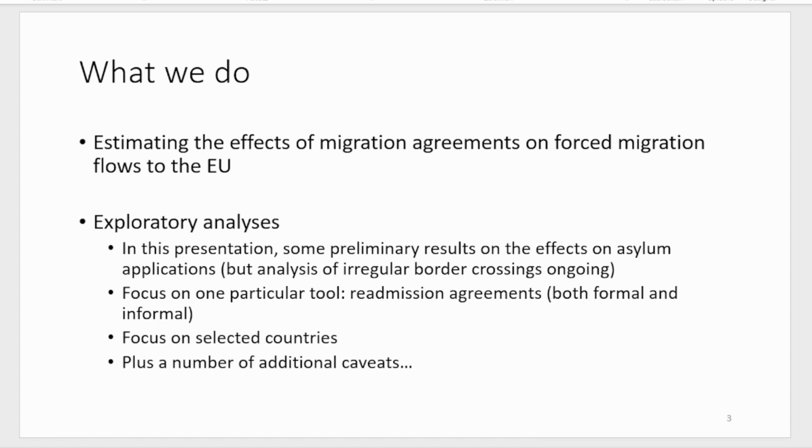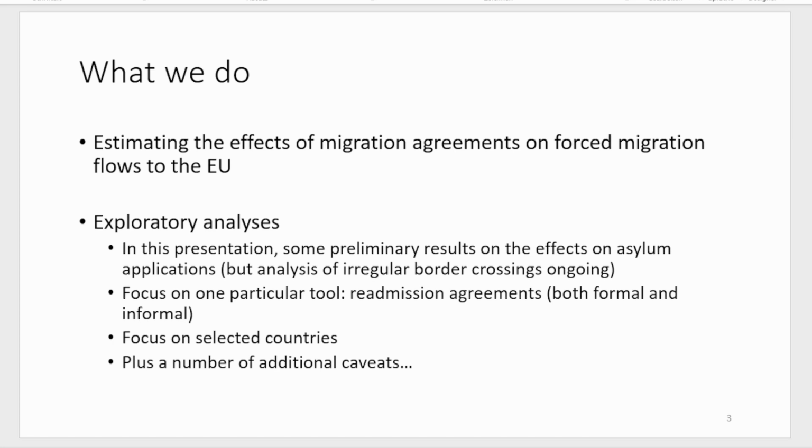So our research design: our objective is estimating the effects of the policy intervention, in this case these sorts of agreements, on an outcome, which in our case is asylum seeking of nationals of the country of the intervention in Europe. The constraint we have, which is typical of observational studies, is that we can only observe the flow of asylum seekers before the intervention and after the intervention.